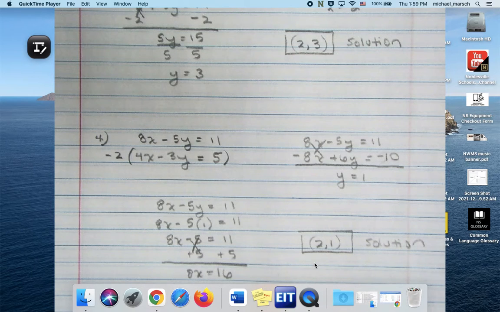Oh, I was supposed to multiply that by negative 5. So this is actually going to be positive 6y. And that's going to be positive 6y.